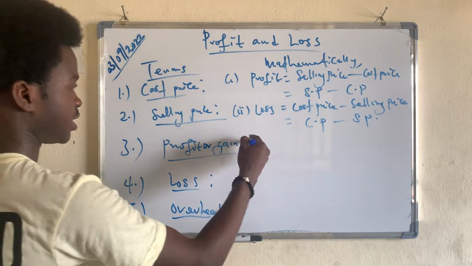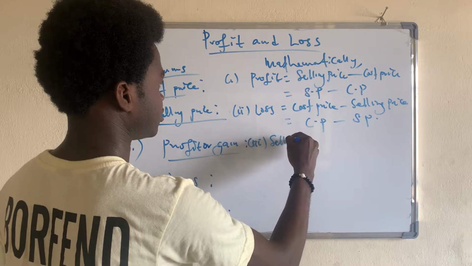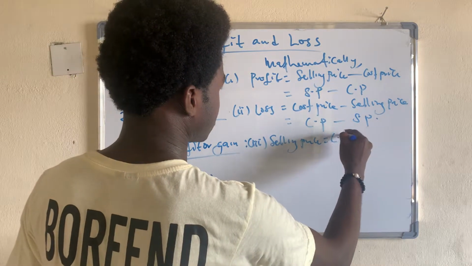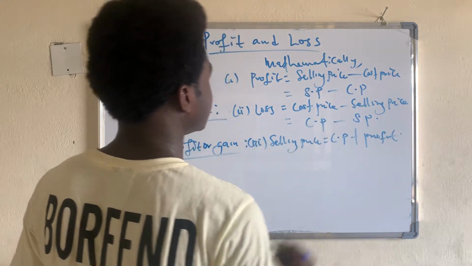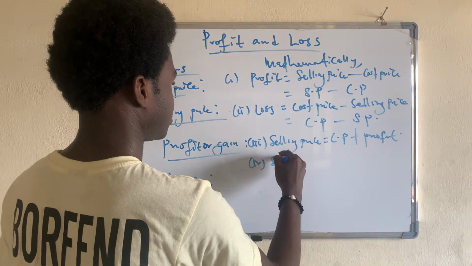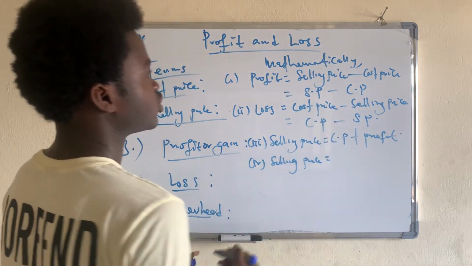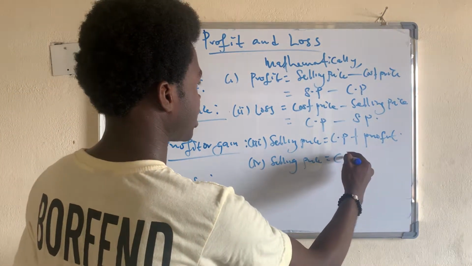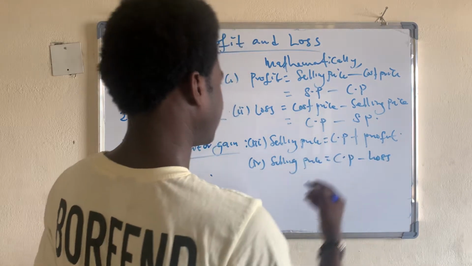Likewise, we have selling price to be cost price plus profit, and selling price is also the same thing as cost price minus loss.